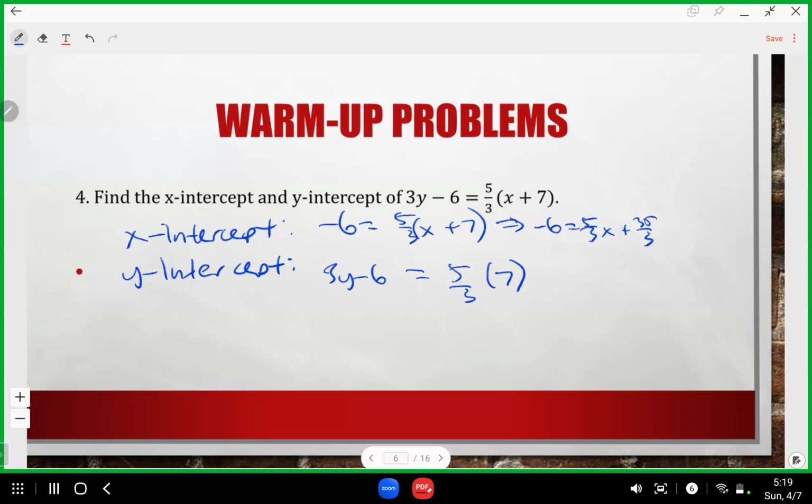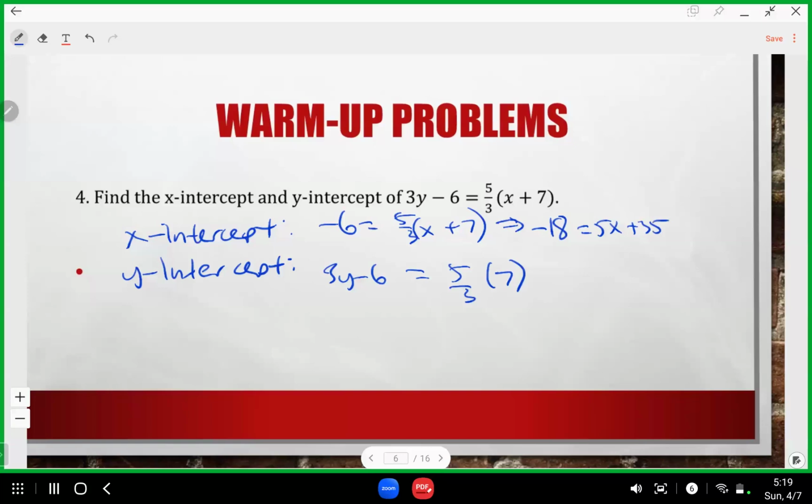Now you can multiply both sides by 3. Actually, let's multiply both sides by 3 real quick. It could be easier. So we have -18 on this side is equal to 5x plus 35.